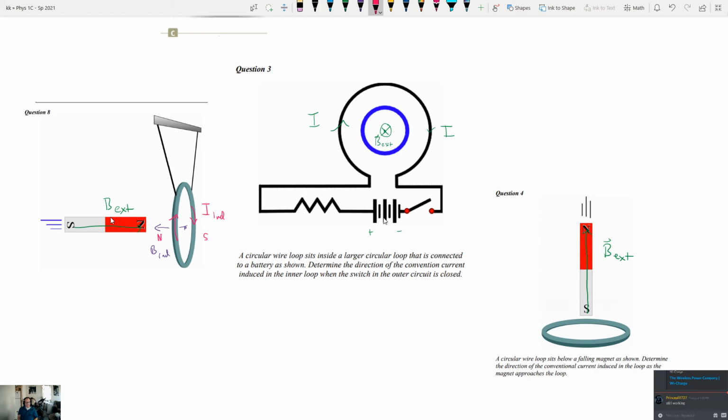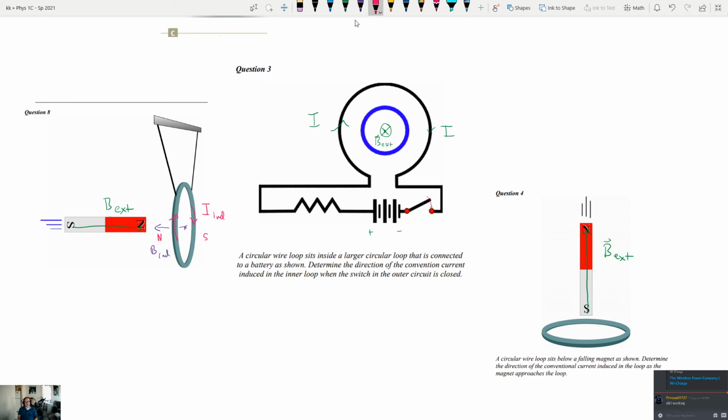Okay, let's go to this problem right here. We're trying to find the induced EMF in the blue loop right here. It says to determine the direction of the conventional current induced in the inner loop when the switch in the outer circuit is closed. So if we close the switch, what's going to happen to the external magnetic field? It'll increase.